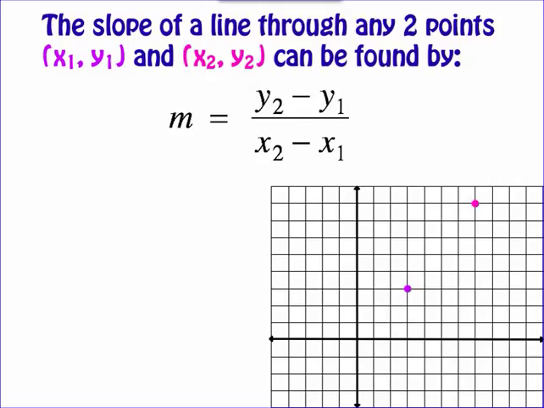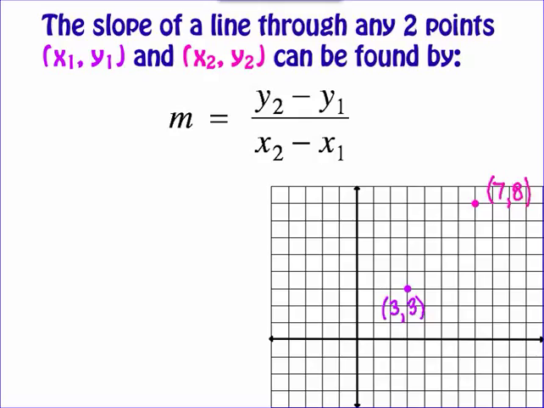For those of you trying to figure out what that exactly means, here is my first point. I'm going to call the coordinates in this one 3, 3. The coordinates here are going to be 7, 8.